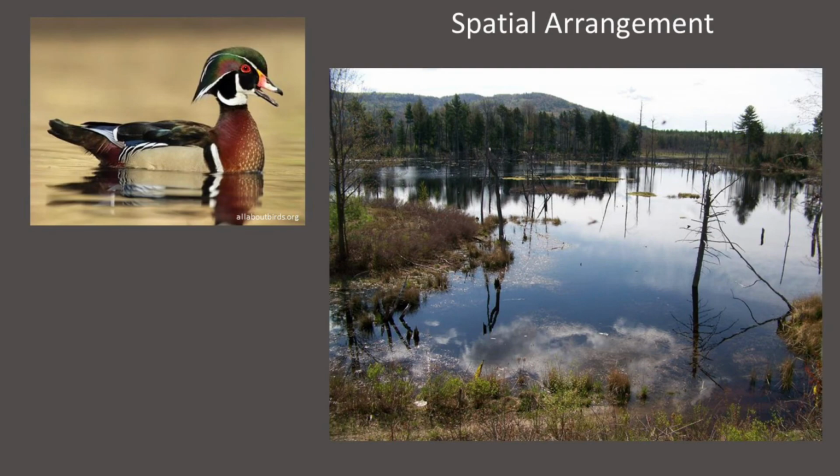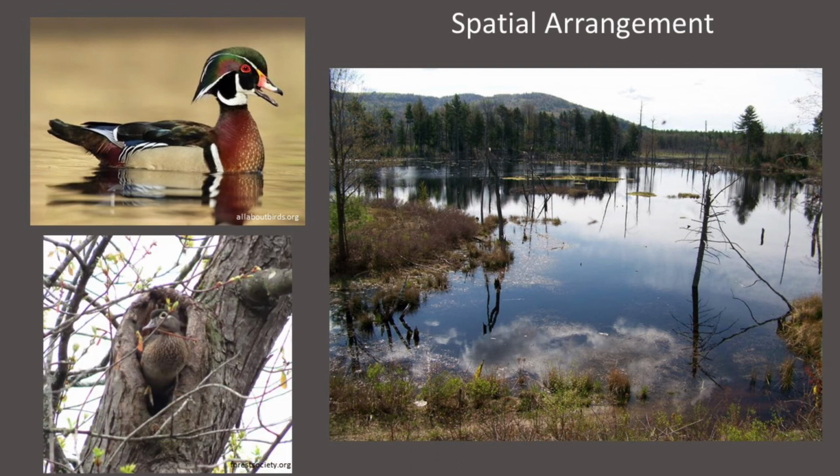Finally, some wildlife species that are associated with certain habitats may require specific habitat components that occur within other habitat types. For example, the primary habitat of wood ducks is shallow ponds, streams, and marshes. But wood ducks also require cavity trees greater than 18 inches in diameter for nesting.